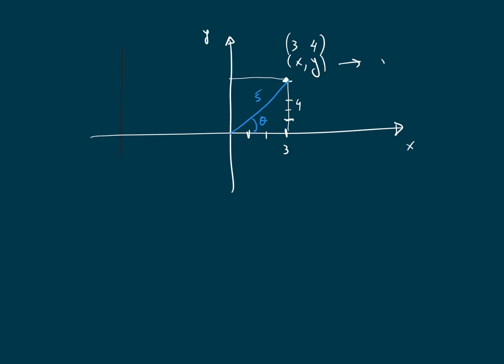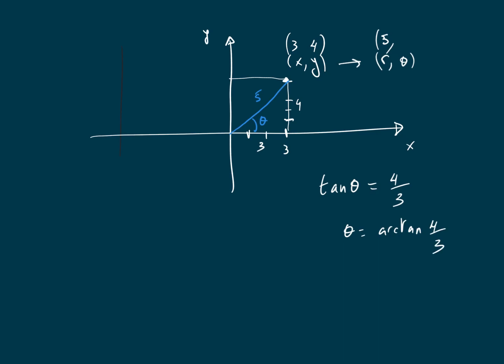The data is the r and the theta. For this example, the r is 5. And the theta can be obtained by looking at the picture: tangent theta is 4 divided by 3. So theta is arc tangent of 4/3.